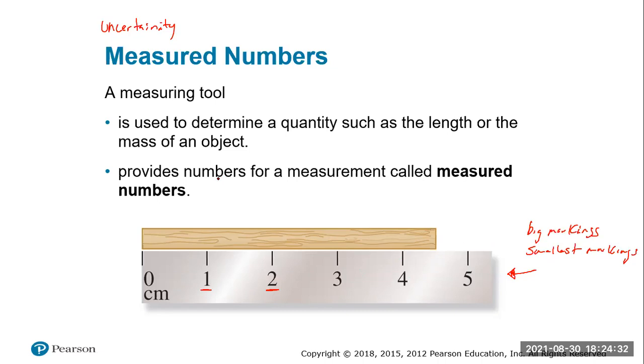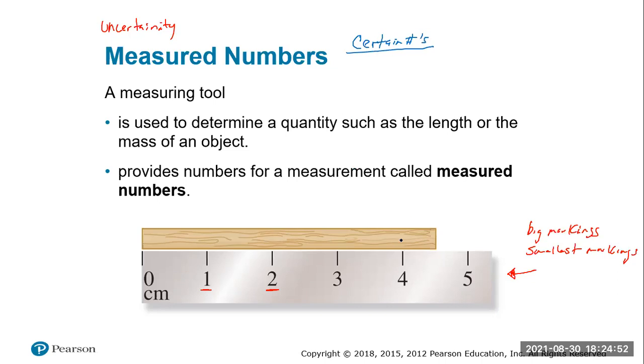Now, when you take a measurement, no matter what equipment you use, there should always be some numbers that, no matter who takes a look at it, everybody should agree on. Those are referred to as certain numbers. So you always want to record all of the certain numbers.